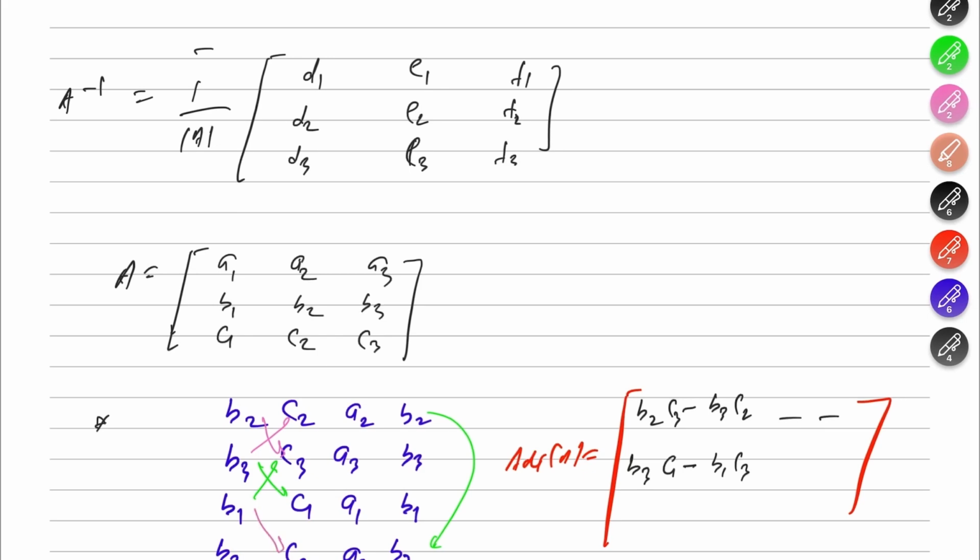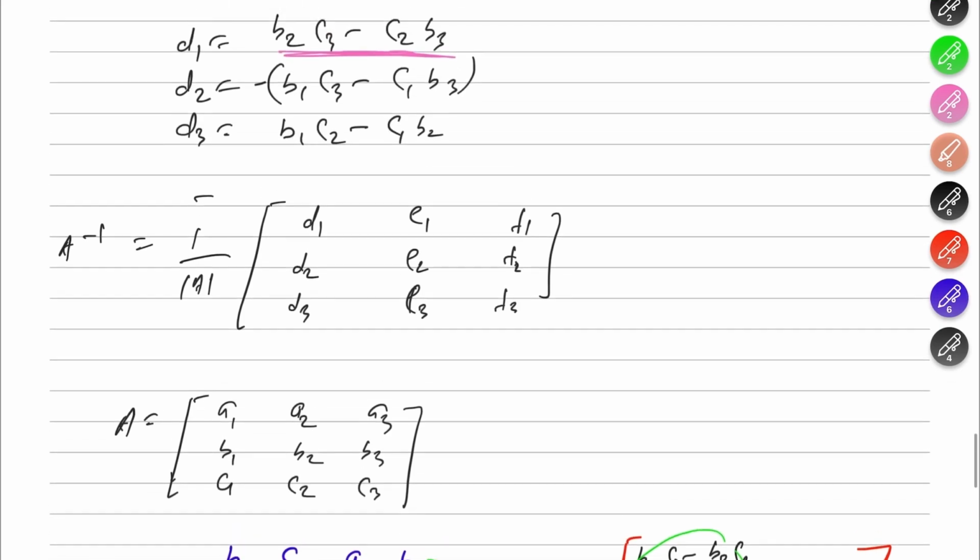Then this one: B1 C2 minus B2 C1. I am just looking at the first column.